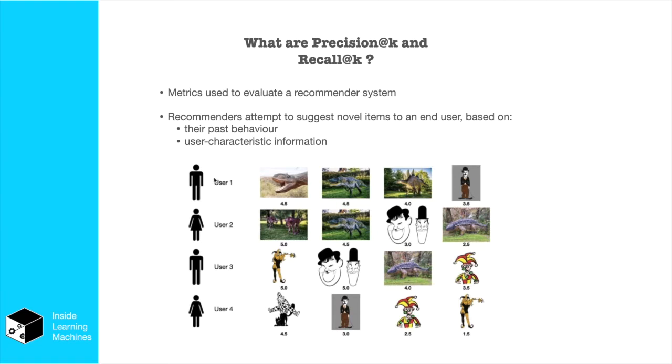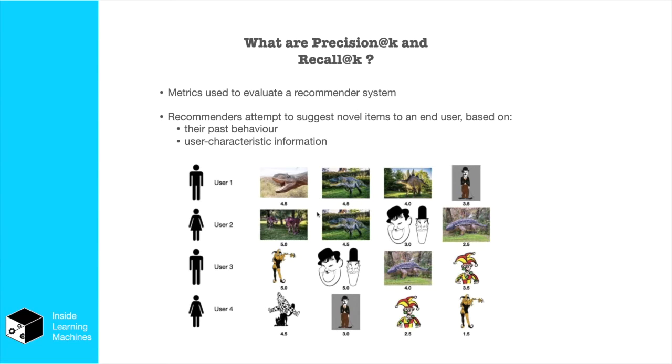So if we look at, say, user 1, for instance, this person has watched 3 different dinosaur movies and has rated them quite well. We have 4.5, 4.5, and 4. This person has also watched 1 comedy movie and given it a slightly lower rating of 3.5.